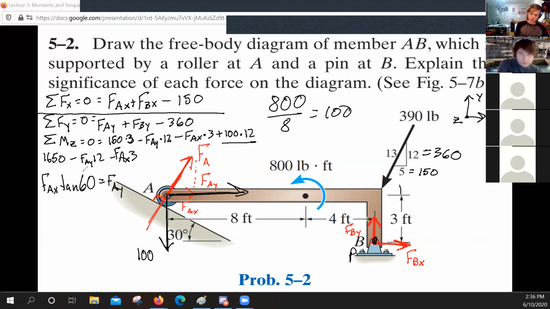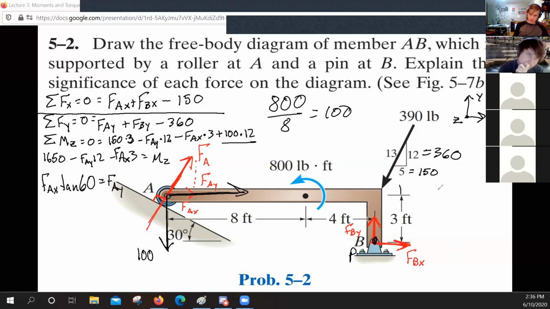It is our moment equation here, this one, and our little triangle relation equation down here. So what we're going to do is combine these equations. And the way we're going to do that is by substitution, because we have something by itself over here, which is FAY. Because these two things are equal, FAY is in this equation, so we're just going to put this in its place.